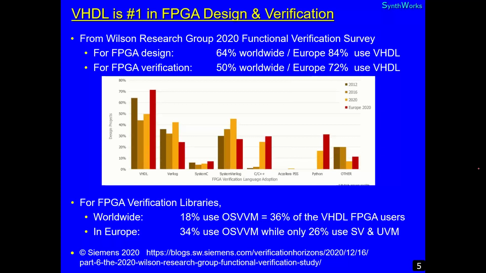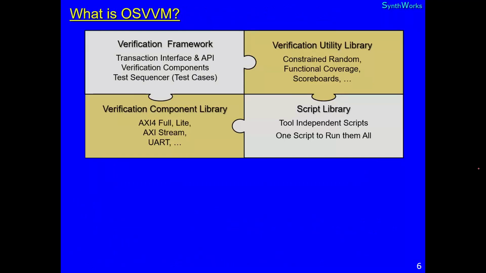So next time your vendor comes knocking on the door saying you should switch to SystemVerilog, what they're trying to do is make that 26% number go up. But there's certainly not more SystemVerilog engineers out there than even OSVVM engineers, again, in the FPGA space.